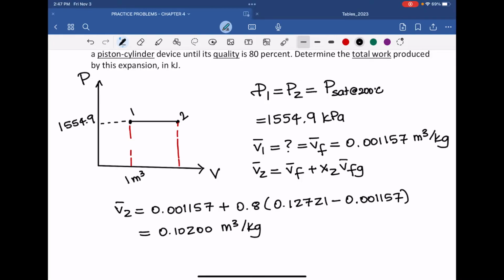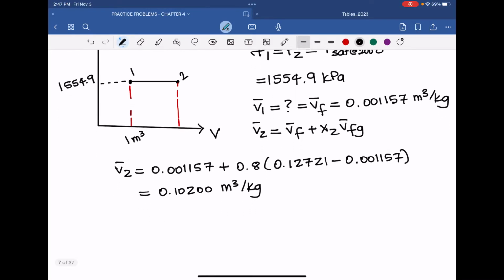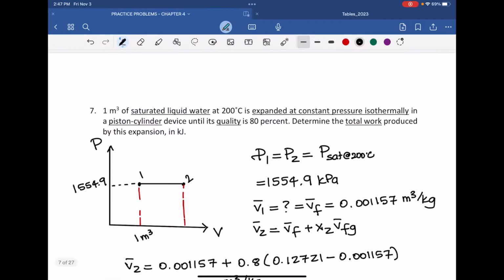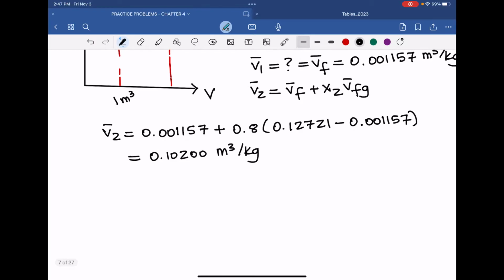And this mass has to be the same as the second state mass because it's a closed system. What I'm trying to say is basically when we are trying to calculate the mass, we do this. Right?